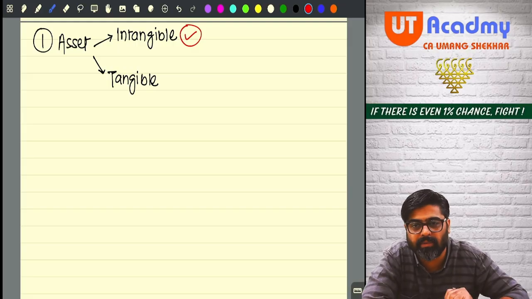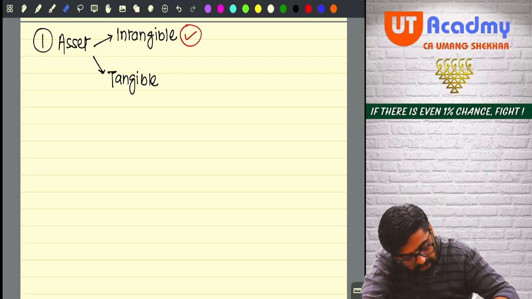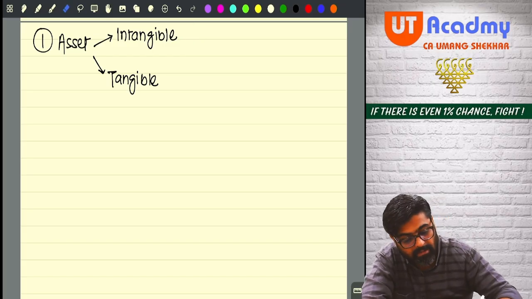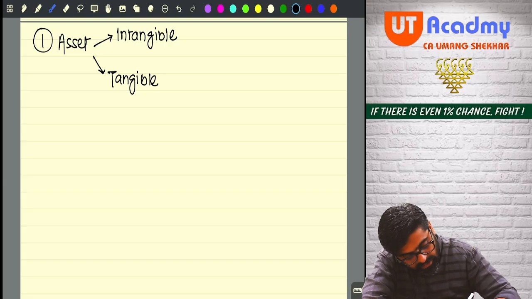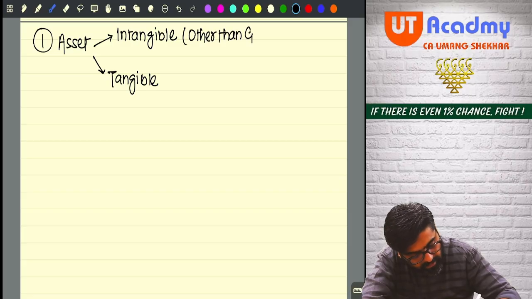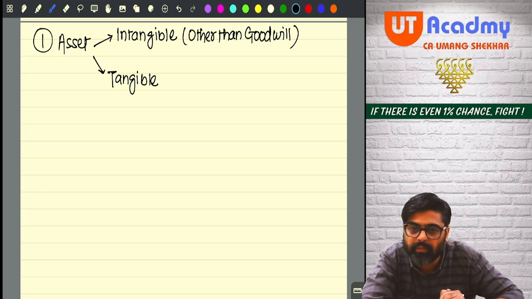But wait, don't write anything. The intangible assets are eligible, but the intangible asset other than goodwill.